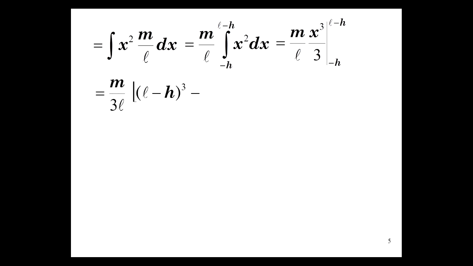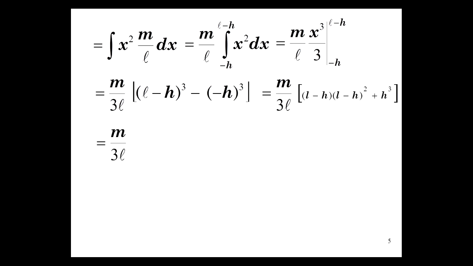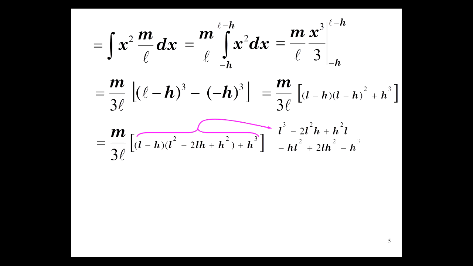And so let's plug it all in, and we get this. Now, since it's L minus h to the third power, that's going to be a little bit cumbersome. So let me do that for you. Here it is. And this expands to this expression, which then becomes this. And those h's go away, the h to the thirds at least. So this reduces to L cubed minus 3L squared h plus 3L h squared.